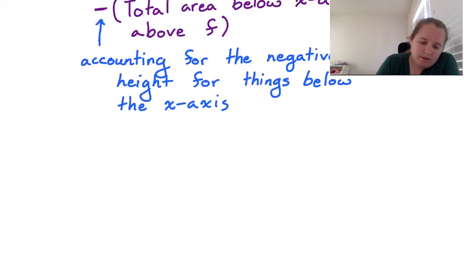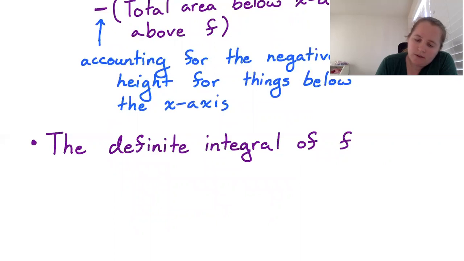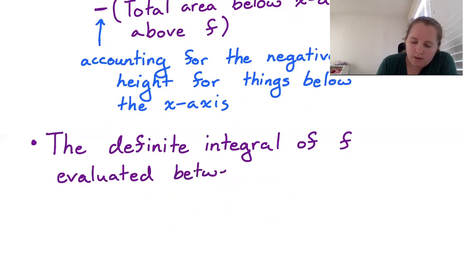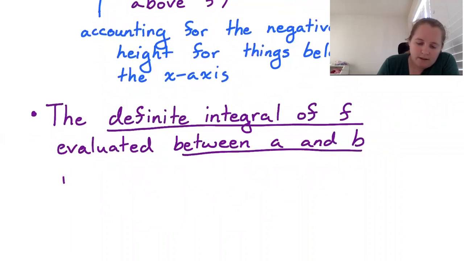And then what we get next is also the definite integral of f evaluated between A and B. So the definite integral of f between A and B is, we use a new notation.